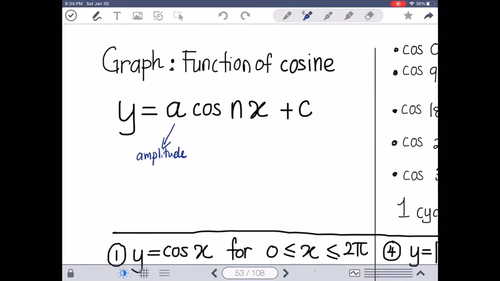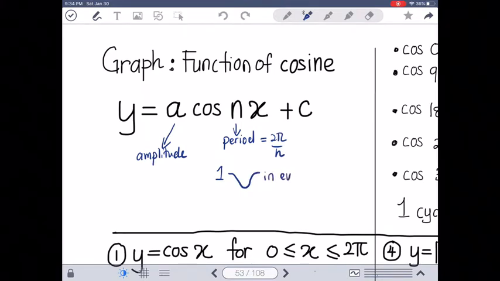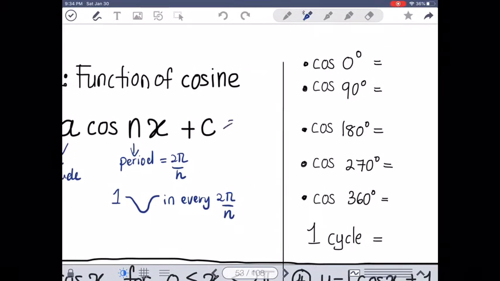And N is the period, which is just 2 pi over n, and one cycle of a cosine graph looks like that. In every 2 pi over n, and C is the shift.